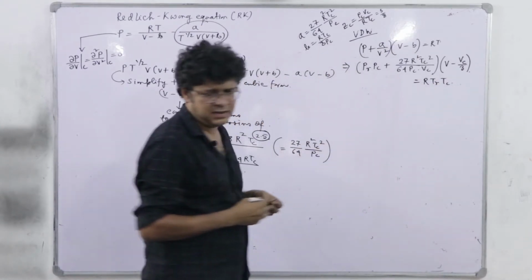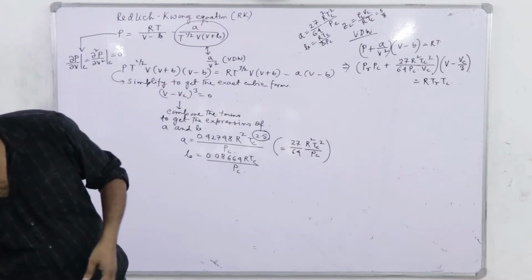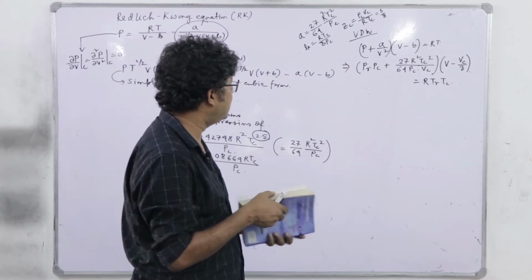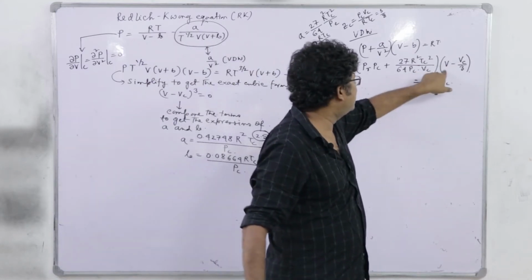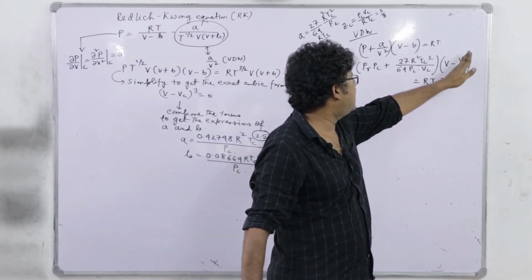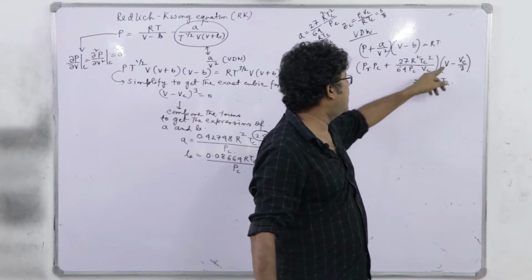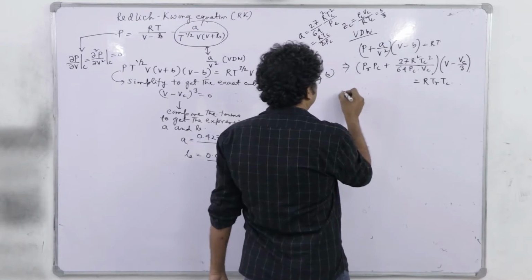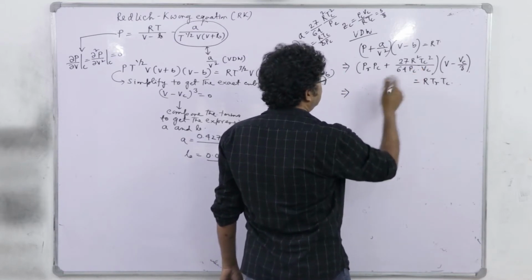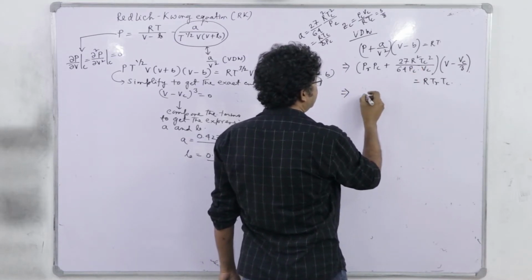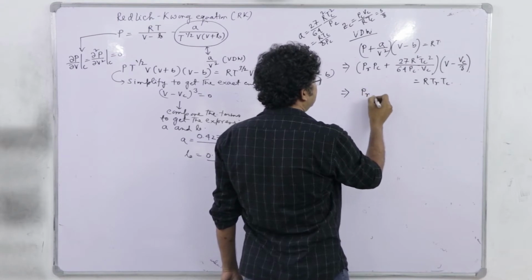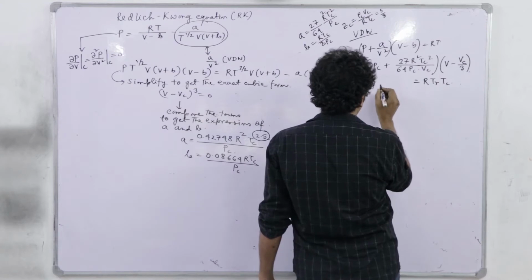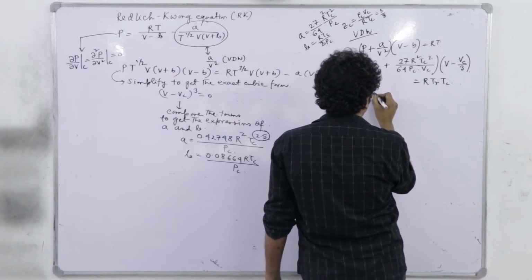This can be further simplified and we can show the reduced volume VR, because if I take the ratio here and take this Vc divided by 3 common, it will reduce into this. There is some algebra, and I am not going into the detail.